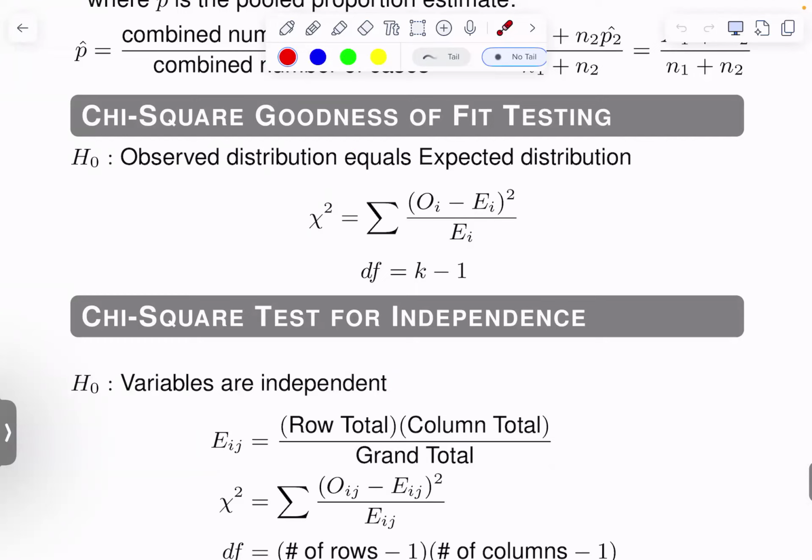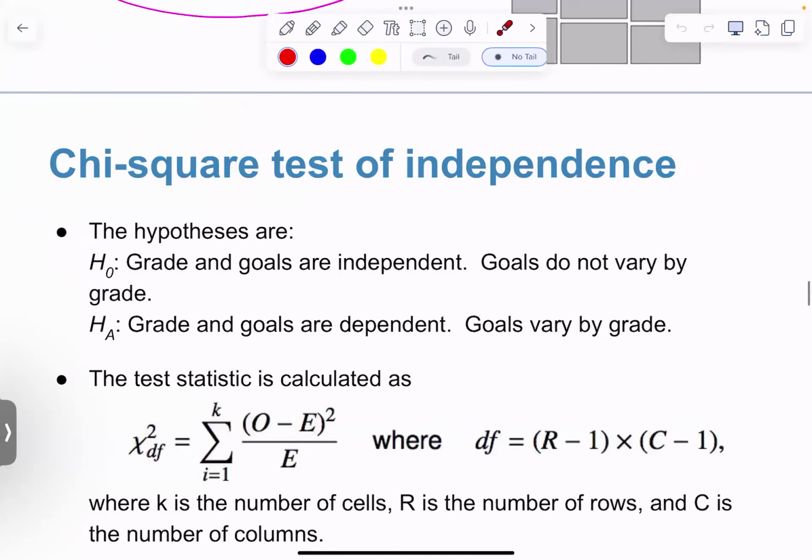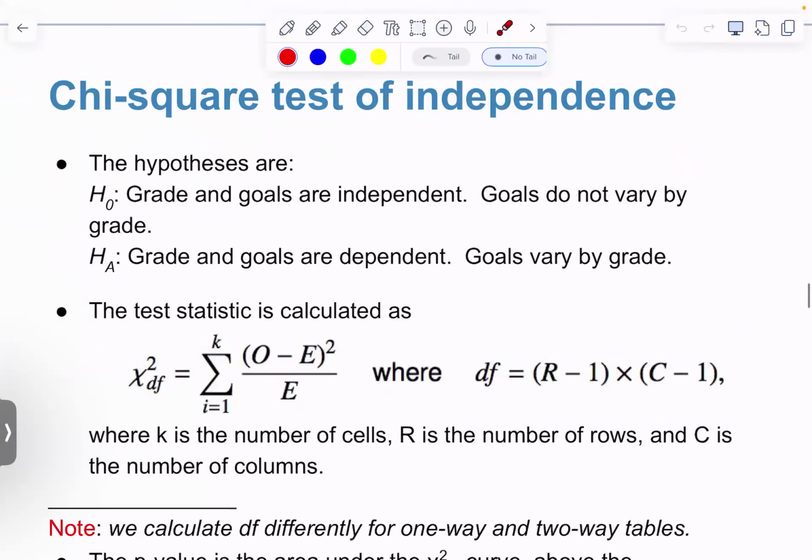The observed distribution equals the expected distribution, which is what? That kind of thing, and so I'll be looking out for that. Our alternative is that grade and goals are dependent, or not independent if you prefer. Goals do vary by grade.